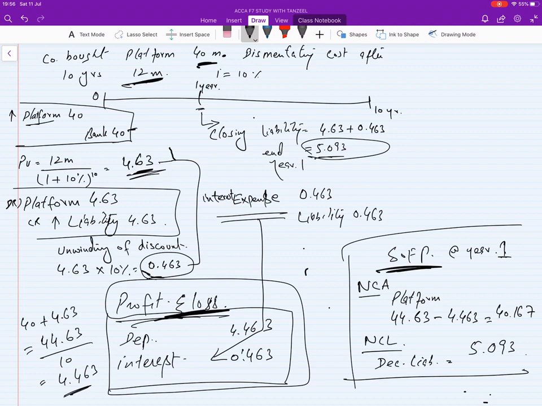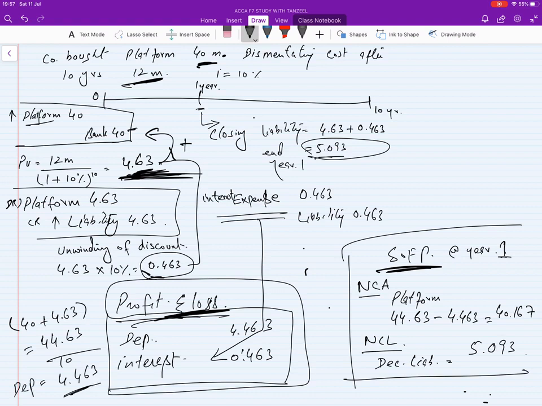Because we are spending this after 10 years, we calculate the present value and add it to the cost. This total is divided by the number of years, which gives you the depreciation for 1 year.